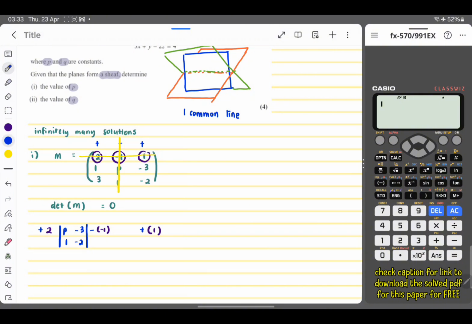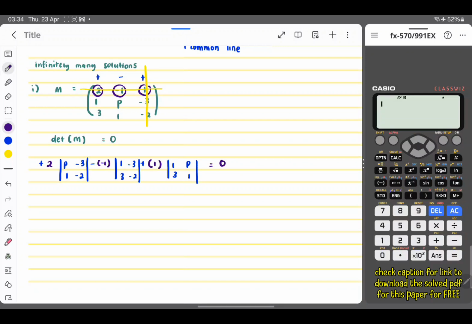So I'm left with 1, 3, negative 3, negative 2. We'll do the same thing for the last element. So we close the last column and the first row and we will get 1, 3, P, 1. This will equal to 0.